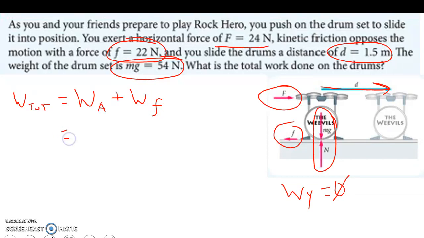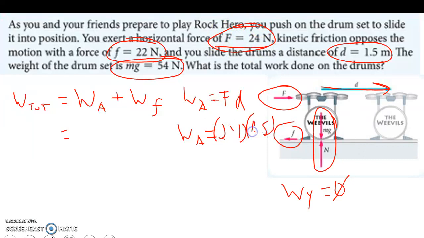So let's talk about the applied force first. Work applied is force times distance. For the work applied, our force is 24, and our distance is 1.5. So we'll take 24 times 1.5.